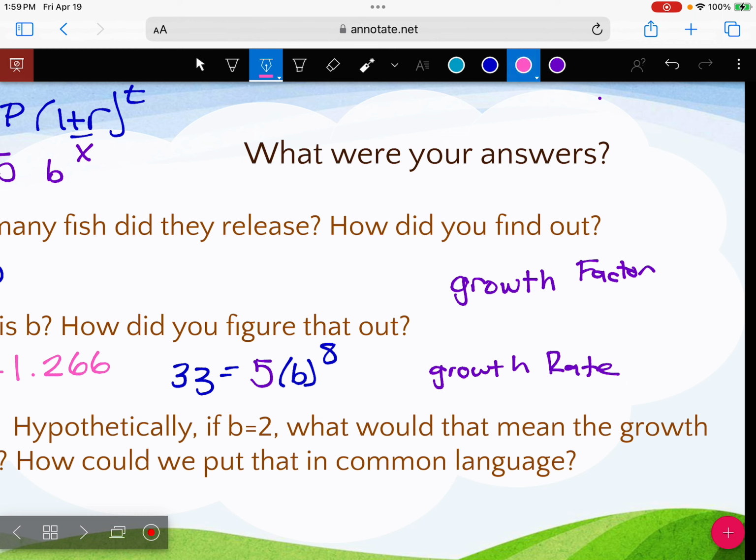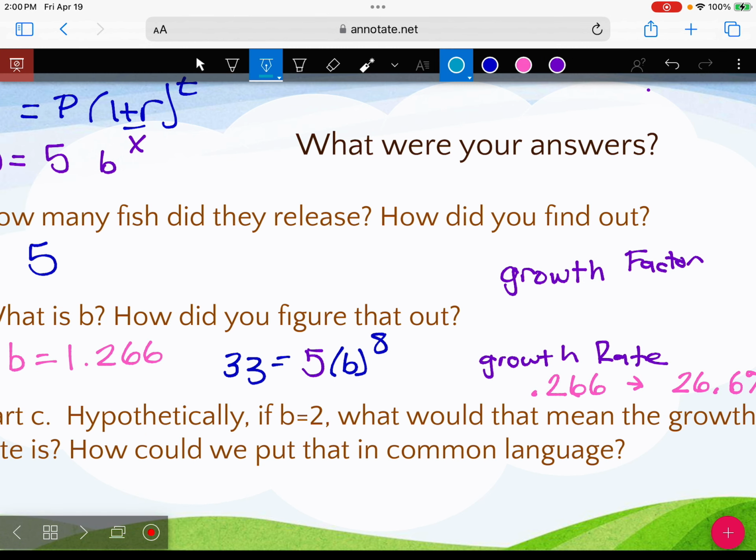The rate as a decimal is 0.266. The rate as a percent is 26.6%. So if that's the rate, that's what was added to the 1. What is our growth factor? The 1.266, that whole base.